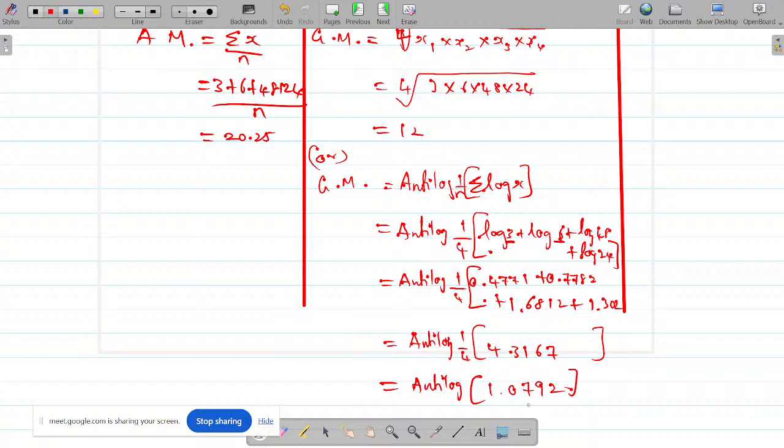You have to check anti-log only after the decimal places. This one you will not consider at all. 0792, what's the value?